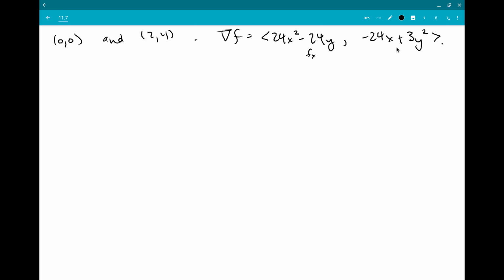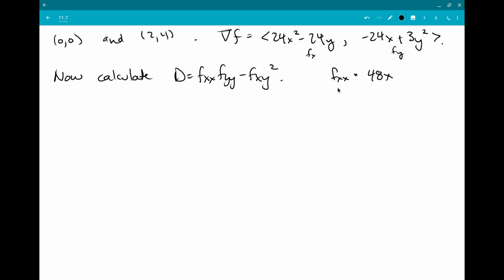It's just because I know I'm going to need those first derivatives to get D equal to f sub xx, f sub yy minus f sub xy squared. So f sub xx is going to take a derivative with respect to x of the first component. So I got 48x. F sub yy, derivative with respect to y of the second component. That's 6y. And f sub xy is f sub x, that component, and then a derivative with respect to y. So that's just going to give me minus 24.